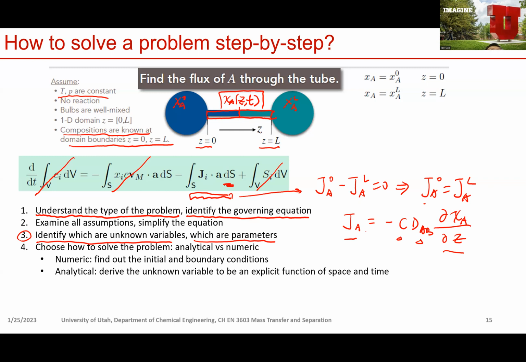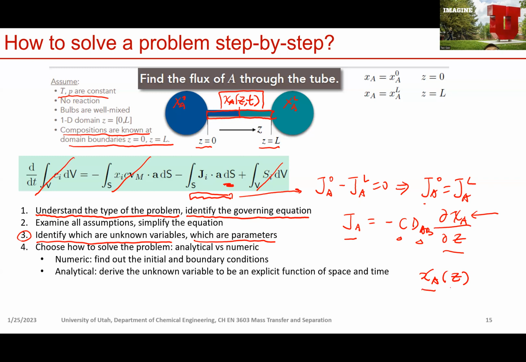We can still treat it as a parameter that we know, and we will worry about it later. So now the variable we need to solve for is x_A, and x_A in this case is going to be a function of z, right? Because of the pseudo steady state assumption, x_A is not dependent on t.